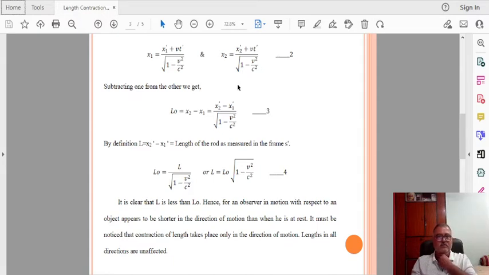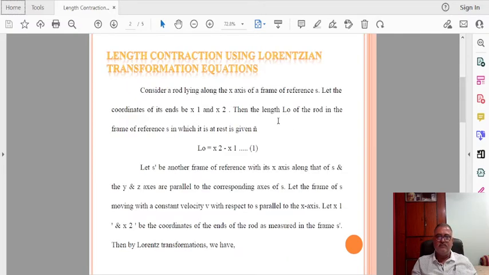These equations are taken from the Lorentz transformation equations, and so subtracting one from the other, we get this L0. What is L0? L0 is nothing but the length of the rod in the frame of reference.